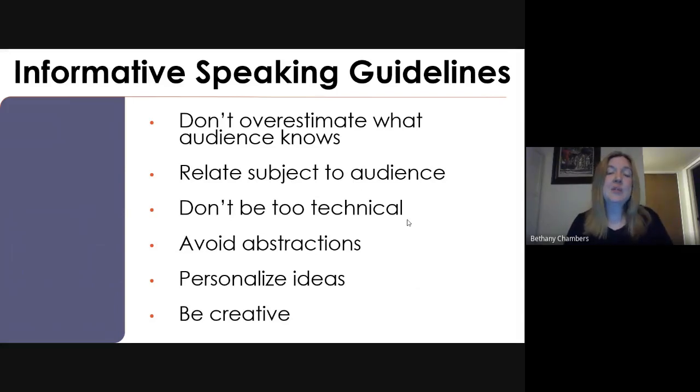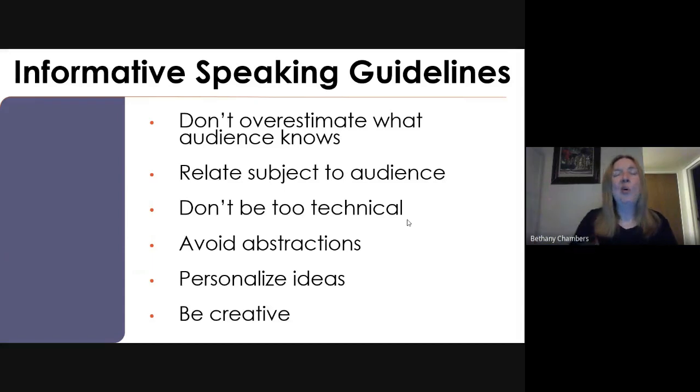And then you also don't want to be too technical. There's always the chance that if you are talking about something that you know a lot of information about, you might know what these terms mean and you're very aware of them, but it doesn't mean the audience does.